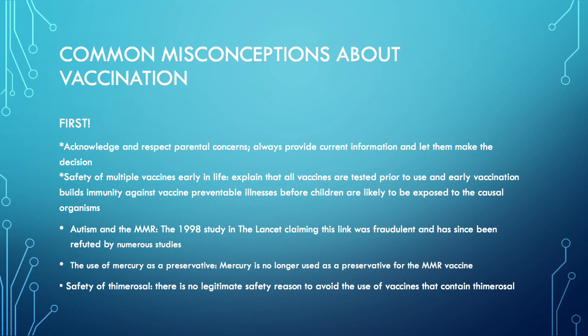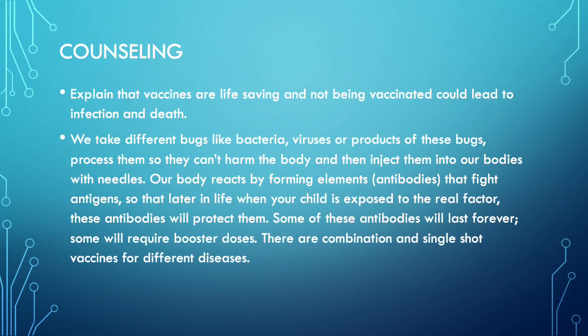So, that theory is not valid, and so that is one major misconception that would need to be addressed. Also, the use of mercury, which is no longer being used, and safety of thimerosal is also something that comes up, but it has also been figured out, and there is no legitimate safety reason to avoid that.